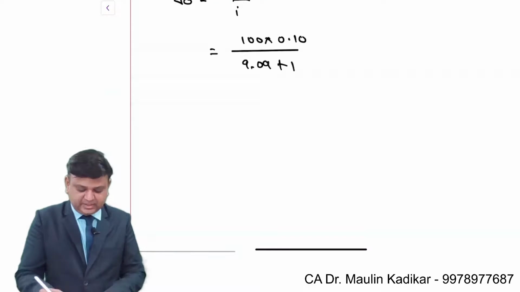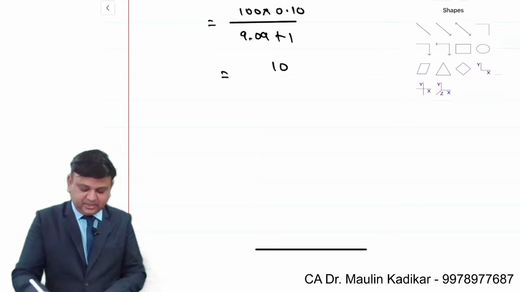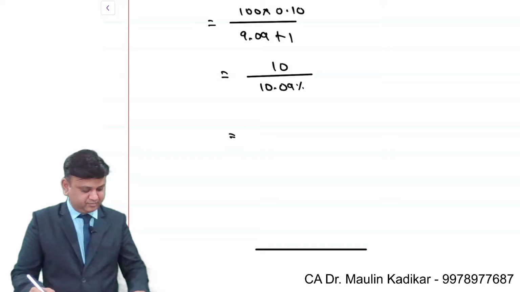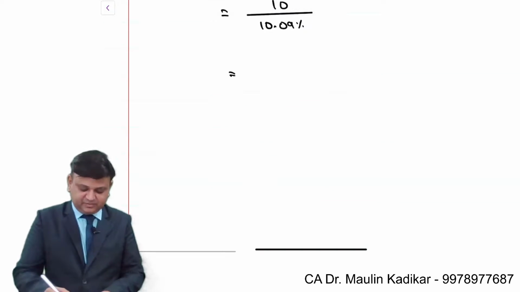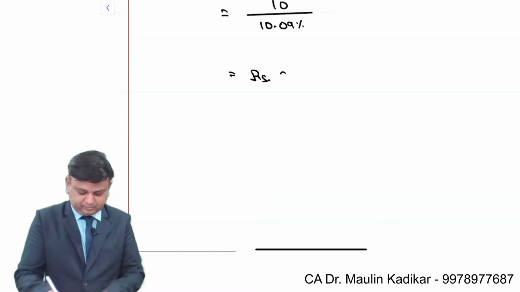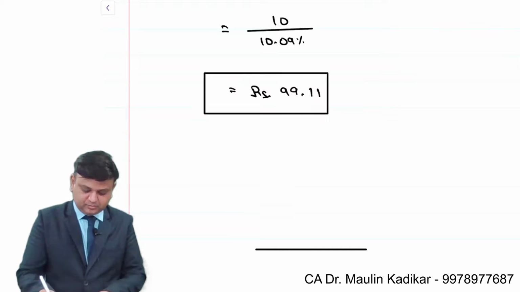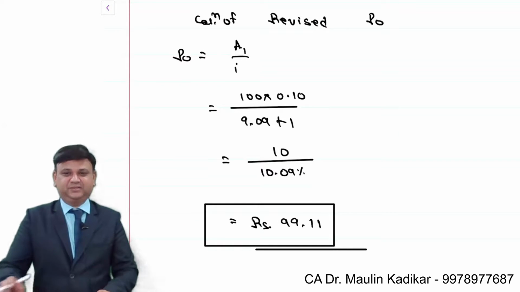So 9.09 plus 1. So 10 divided by 10.09 percentage, 99.11. That is the way we are required to find P0.